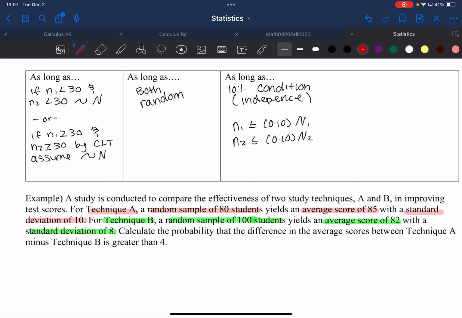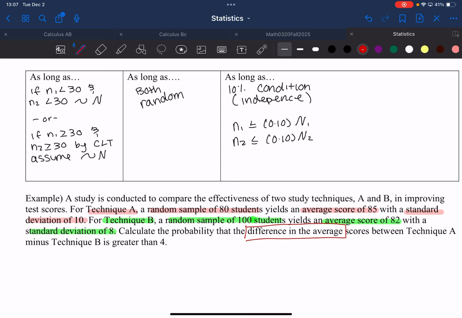Then it says calculate the probability that the difference in the average. So I'm going to box this, difference in the average. Because those words right there tell us that we are doing a sampling distribution of a difference in sample means. The word difference and average tells us a difference in sample means.